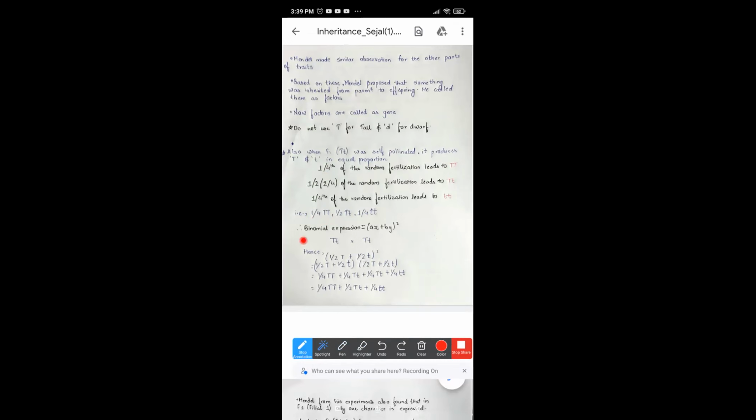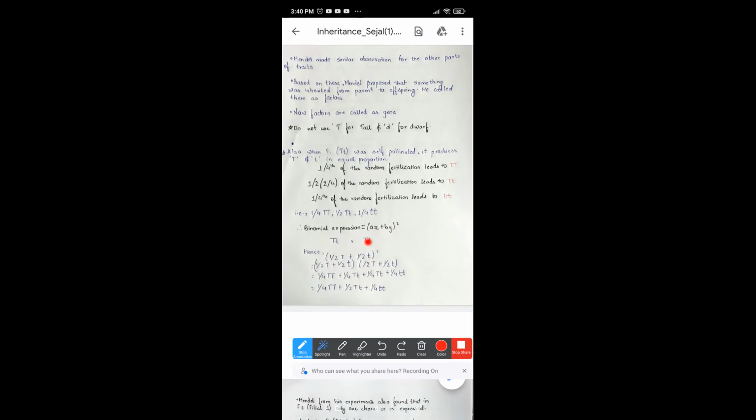The binomial expression, we know what a binomial expression is; we have learned that in lower standards. That is (ax + by) squared, one form of binomial expression. In this case, when the F1 generation is selfed, we can write it as (1/2 T + 1/2 t) whole squared.